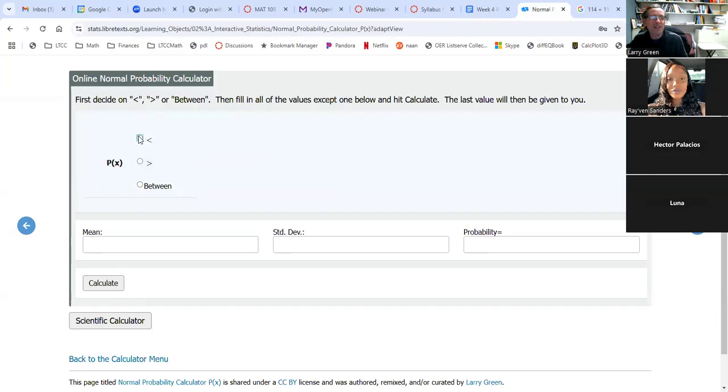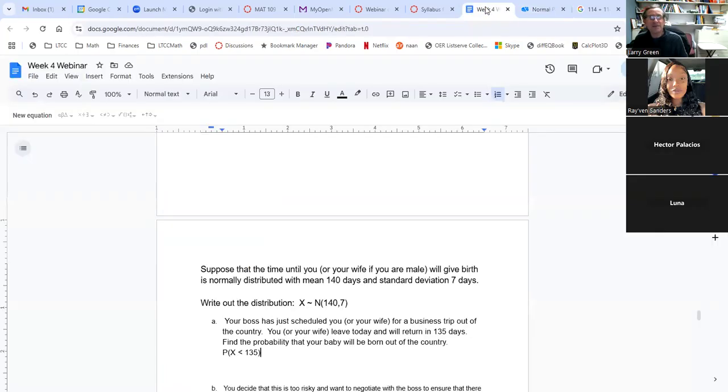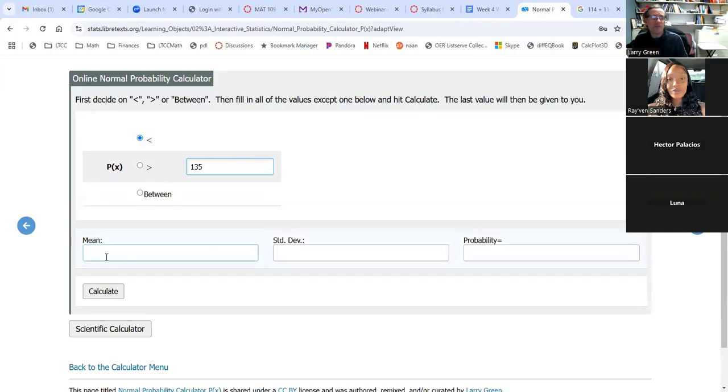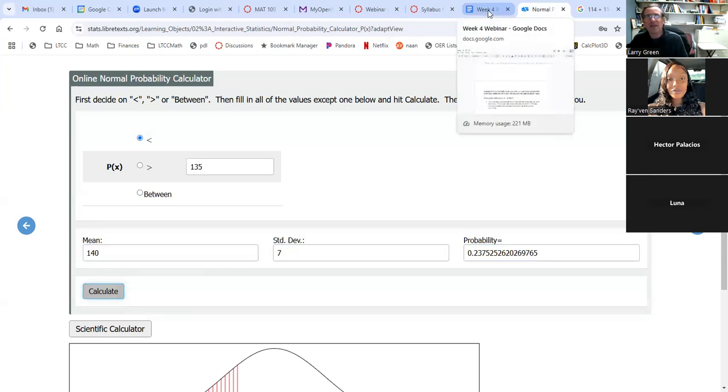We want less than 135. The mean was 140 and the standard deviation was 7. And we calculate. And you get about, let's say, 23.8% chance, or 0.238.